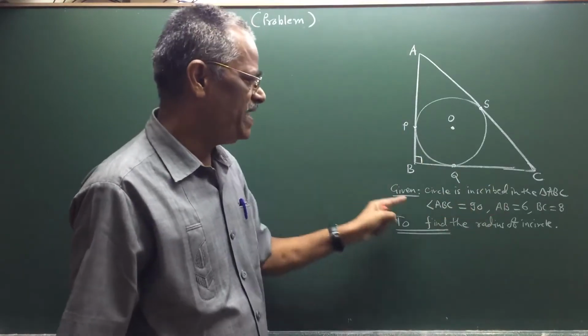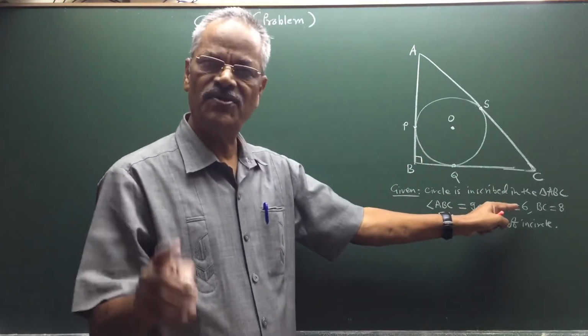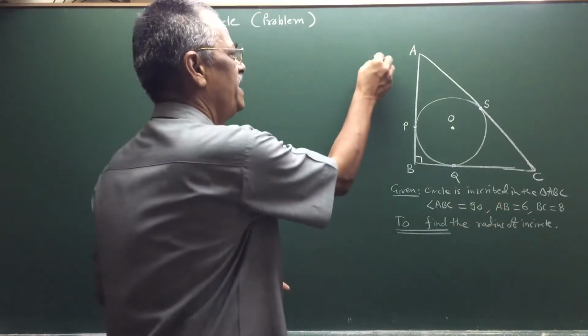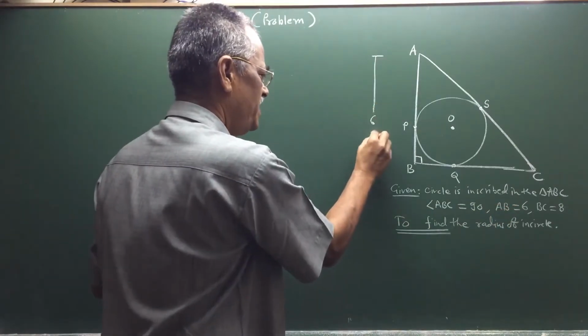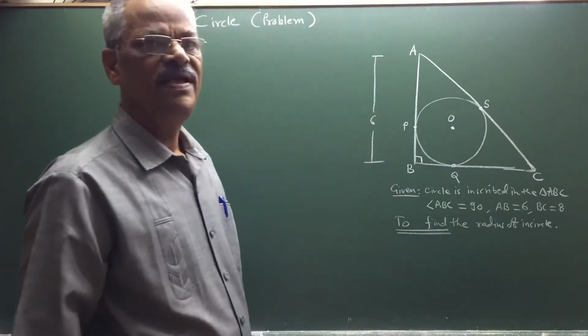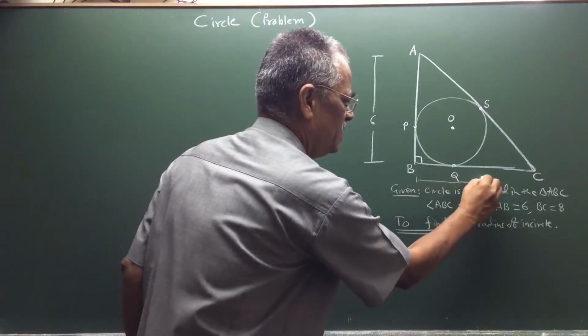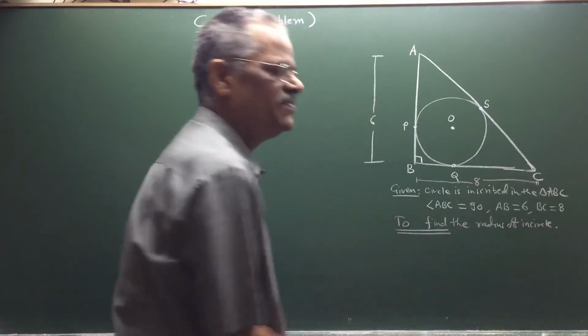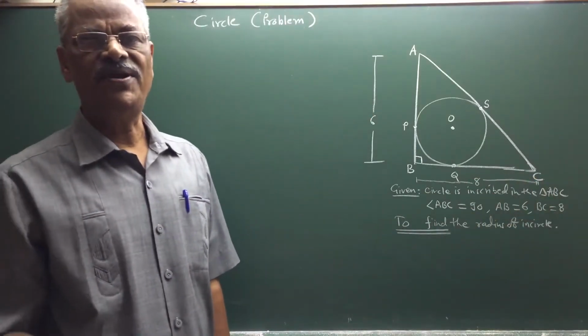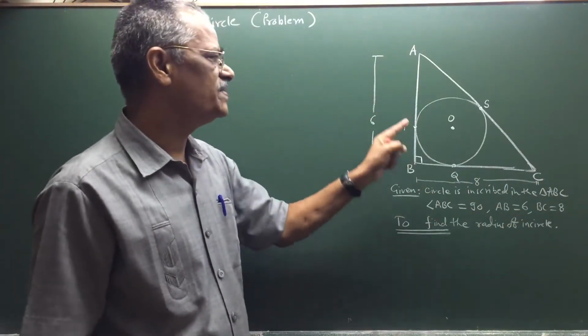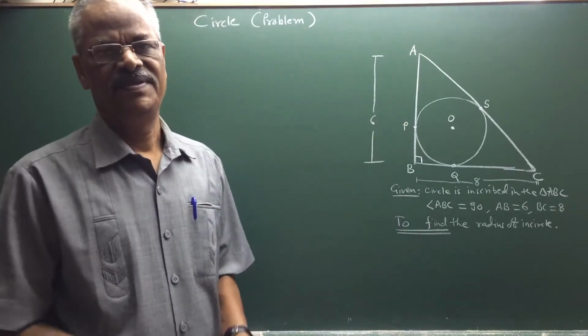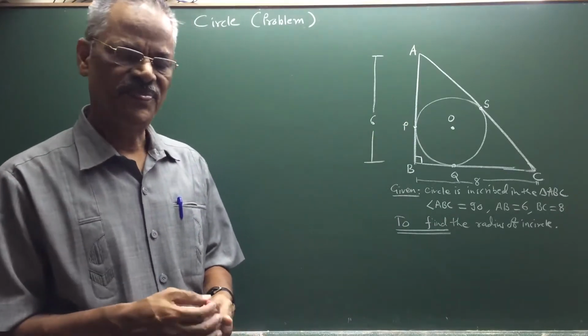The side AB is given equal to 6, and the other side BC is equal to 8. We have to calculate the radius of the incircle. This is a problem for you.